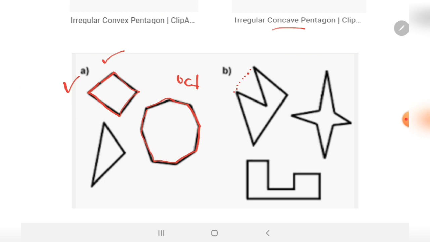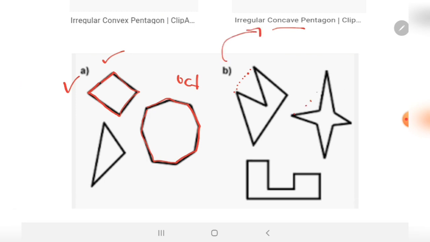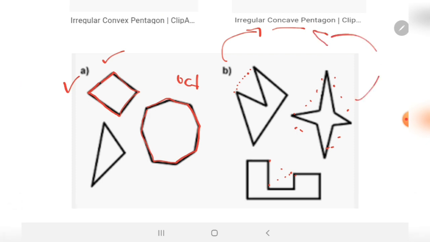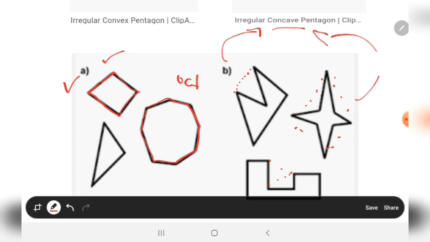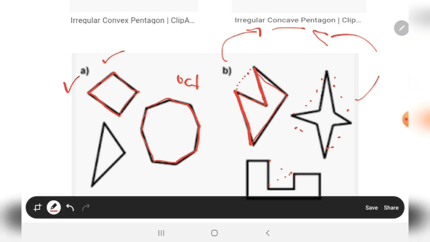And in here, we can draw a diagonal here. That means they are all concave. And this is irregular, concave, 1, 2, 3, 4, 5, pentagon.